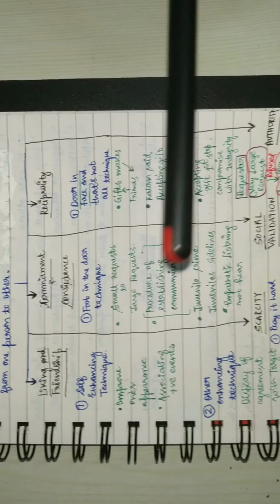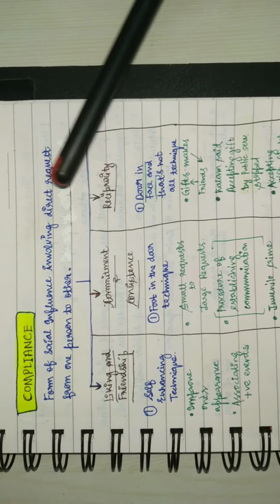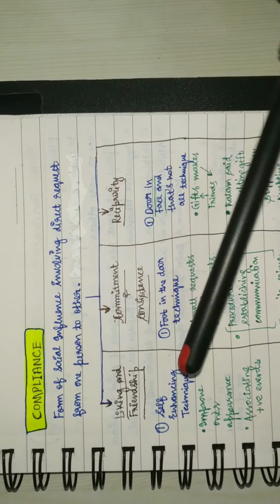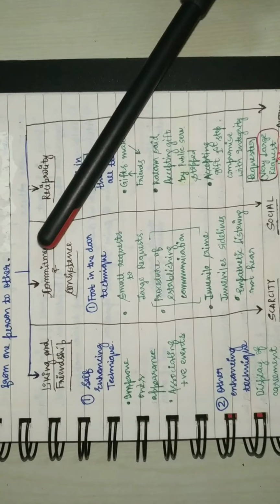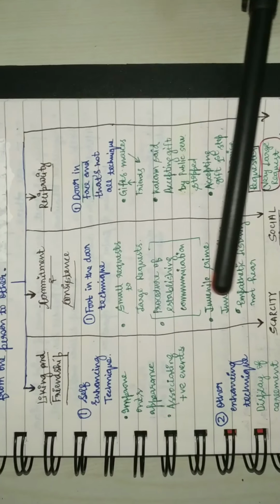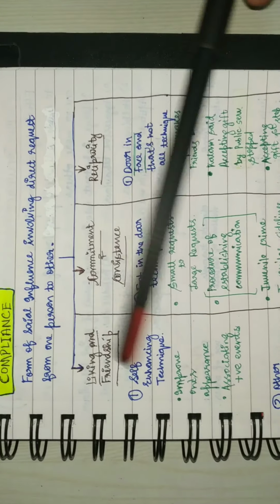So let me summarize. Compliance is a form of adhering to a direct request from one person to another. There are six principles, and there are six techniques. The first says improve yourself so that the other person complies.